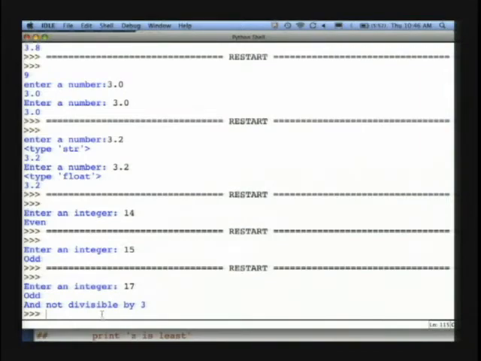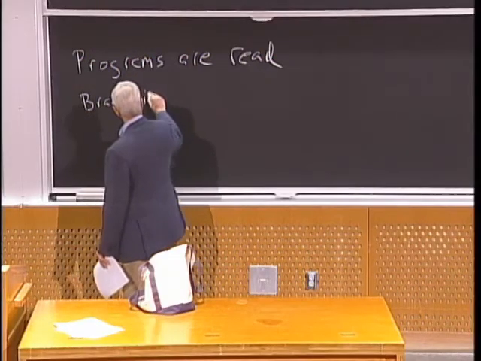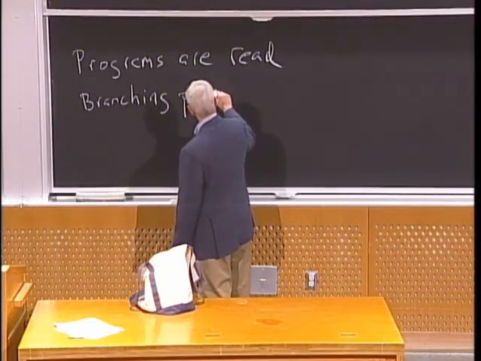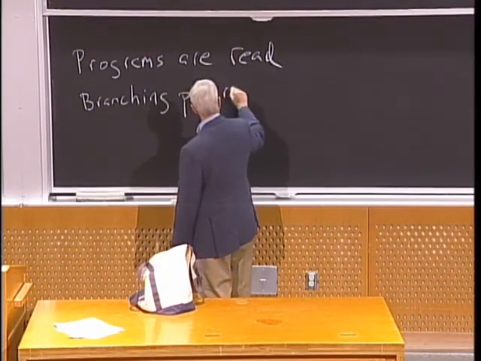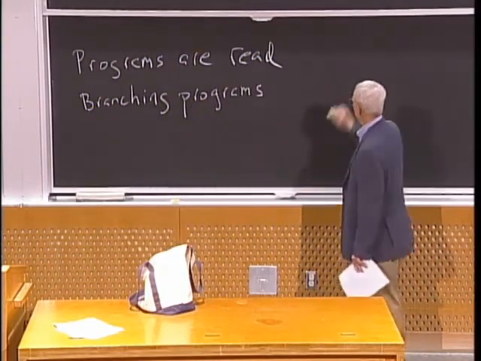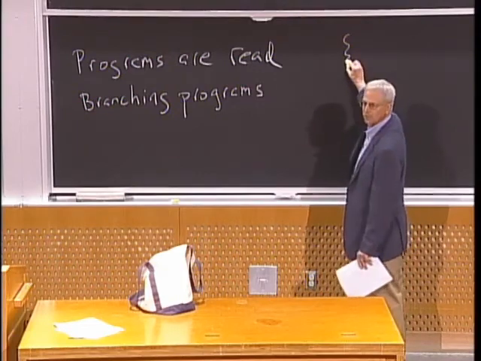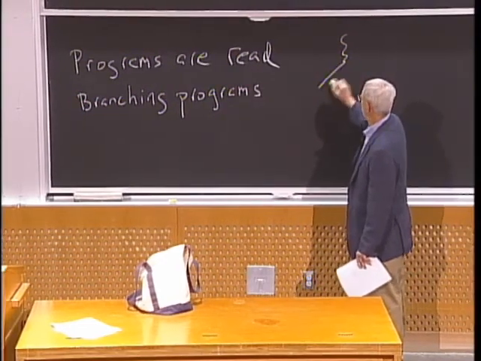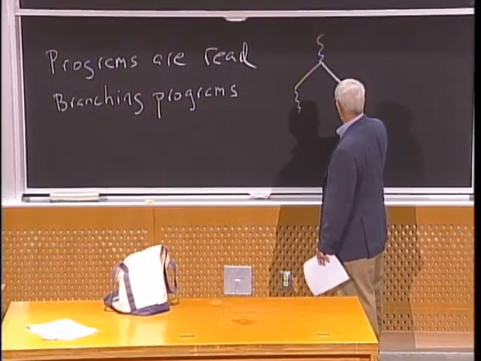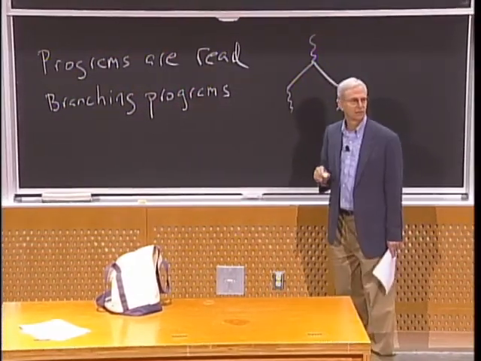These kinds of programs are called branching programs. And that's because the structure of them is you go down, you execute some statements, and then there's a branch, which says execute these statements or execute those statements.